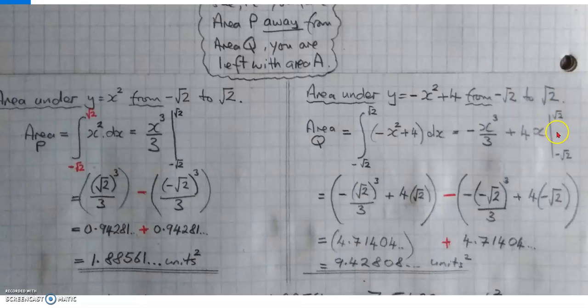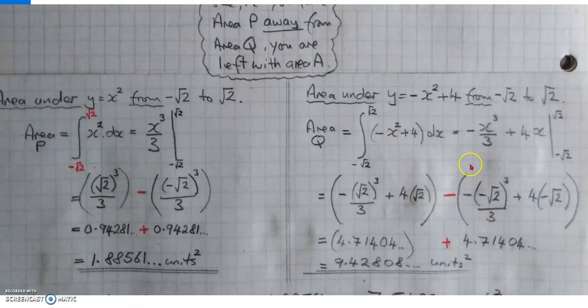We now substitute in the limits, positive root 2 all cubed. Don't forget to write that minus sign in there, plus 4 root 2. So we put in the limits of positive root 2 for x, in the x cubed and the x. Now we go minus.